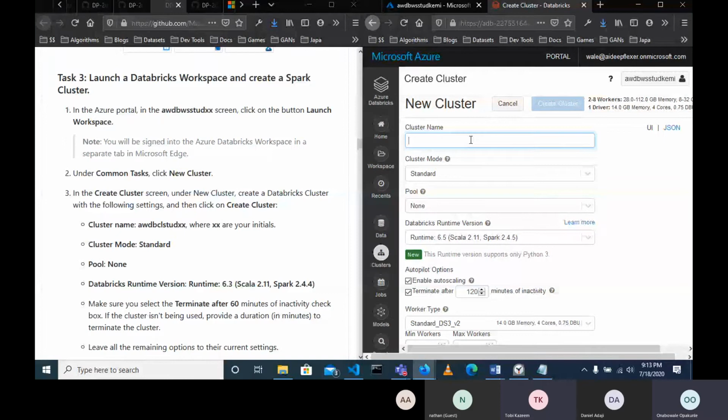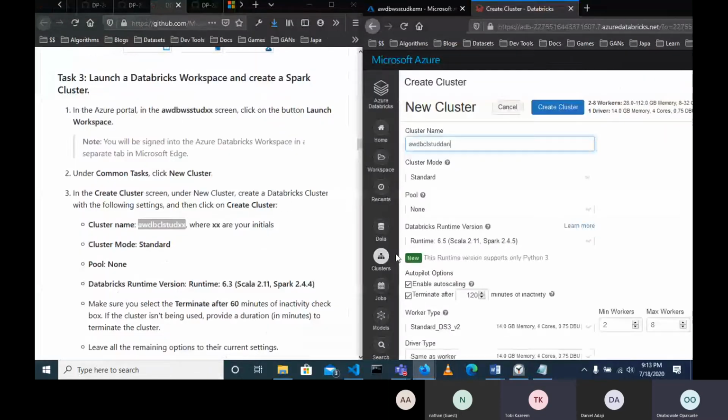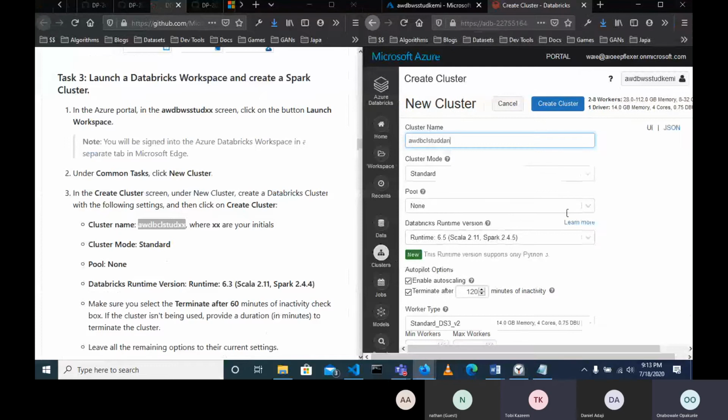You can either use the UI or JSON. I can see that there's a JSON option. For people that are very good in JSON, you can configure it using the JSON, but the UI is much easier.